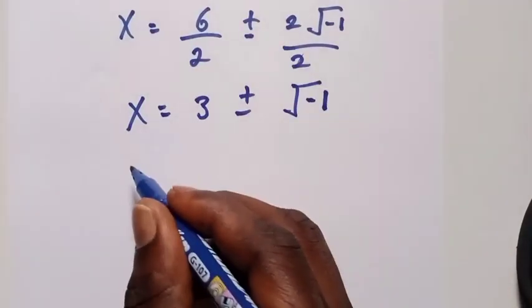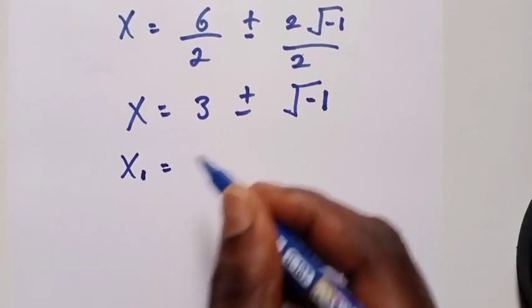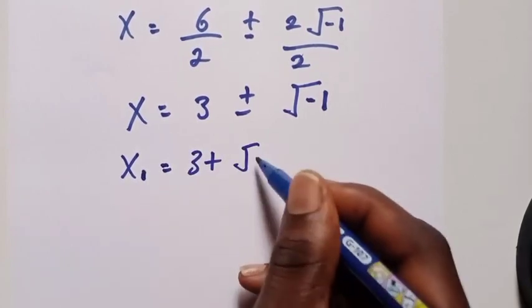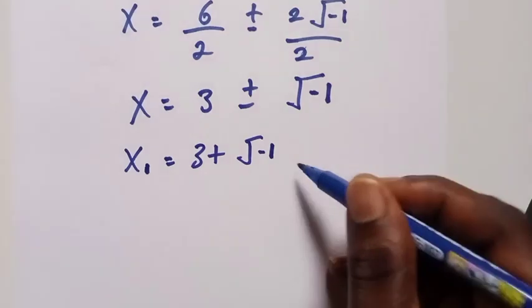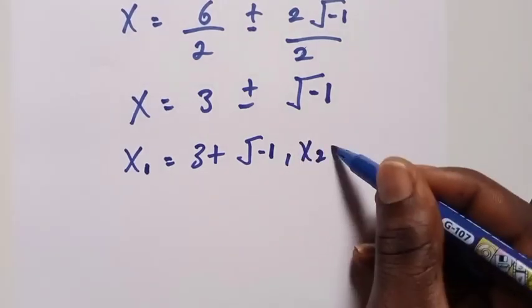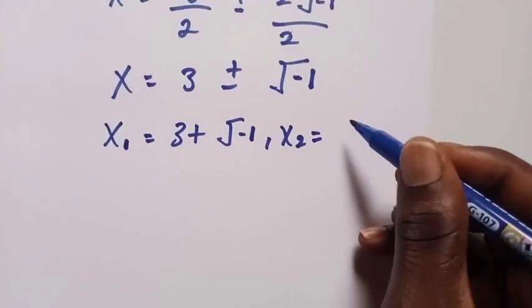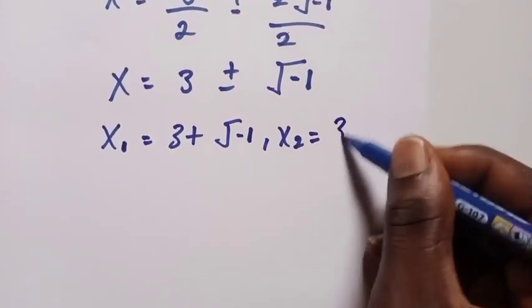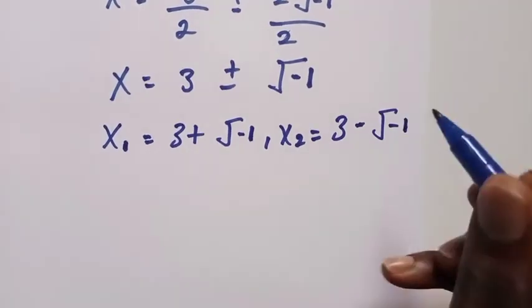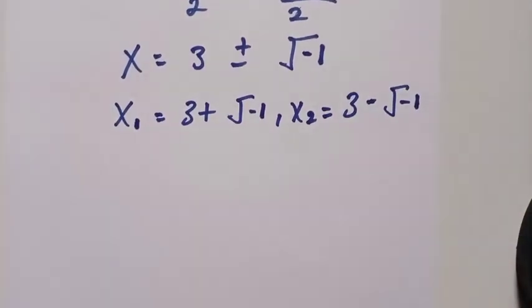At this point, our x1 will be equal to 3 plus root minus 1, and x2 will be equal to 3 minus root minus 1. Since we've gotten the values of x, we can then proceed to find the values of y.